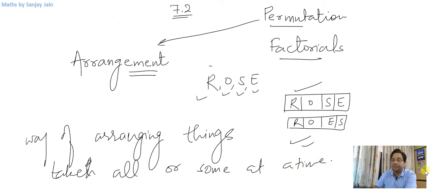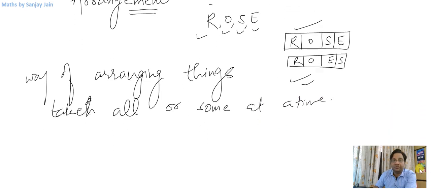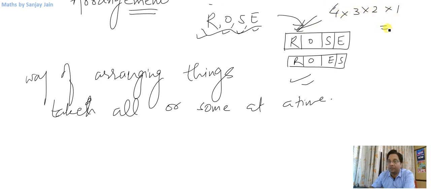What I mean is, for example, when I had four letters ROSE, I could have taken all the four and arranged them, the way we arranged them in that question. What was the number of ways? The first place could be filled in four ways, second in three, third in two, and fourth in one. So we said that the answer is 24 different words that can be formed, with or without meaning, using the letters of the word ROSE.